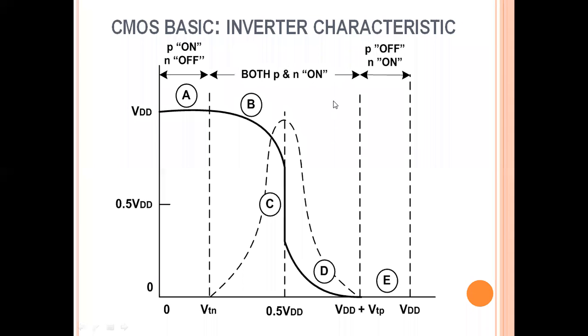In the case of the MOS device, we get three regions of operation: the cutoff region, the linear (also called non-saturation) region, and the saturation region, right?